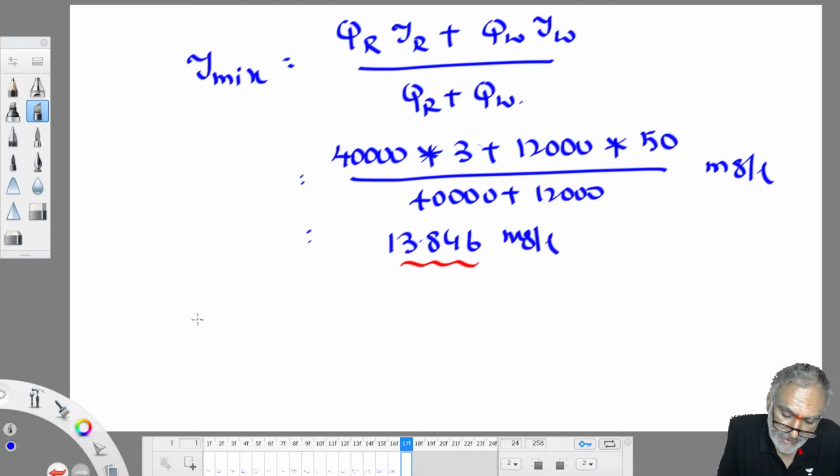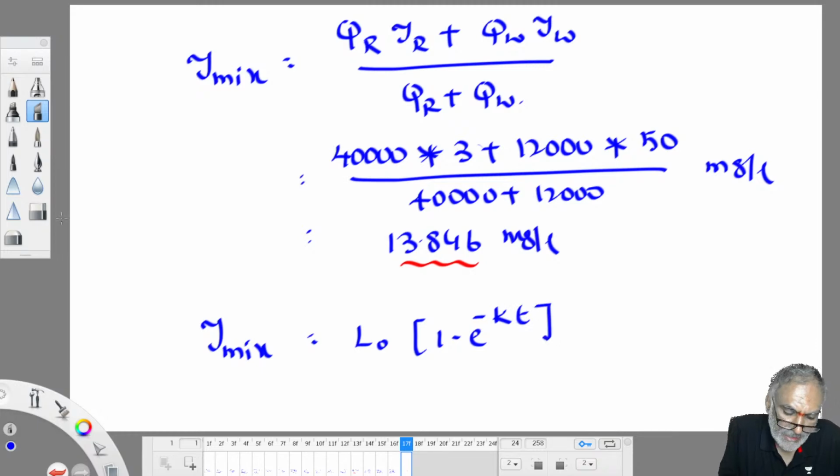Similarly, Y mix is equated to L naught into 1 minus e power minus kT. Since it is BOD5, T is taken as 5, K into 5. This is the 5 day BOD of the mix.